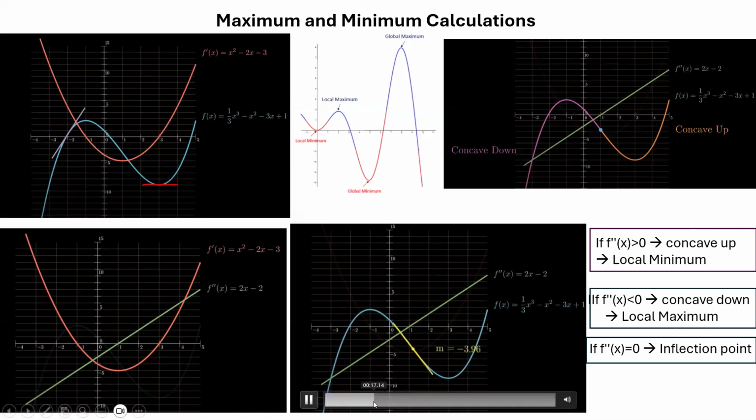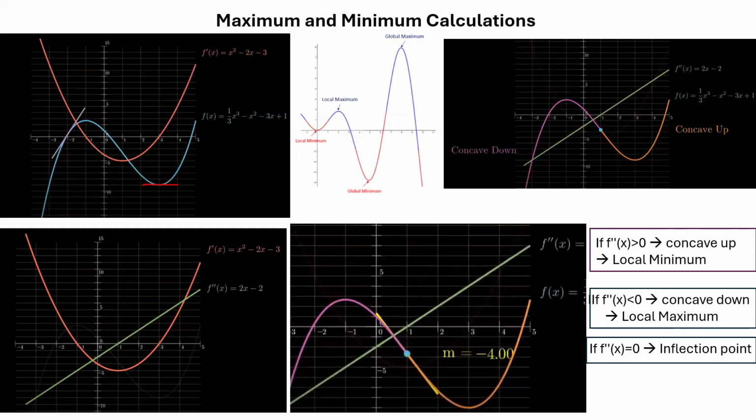That is what you have seen just now. So let me just go back. When you're coming from here, the slope gradually decreased till a particular point, and that point is nothing but where the double derivative is equal to 0. That point where double derivative is equal to 0 is called an inflection point. And from that inflection point, if you have a local minimum, the slope will keep on increasing.